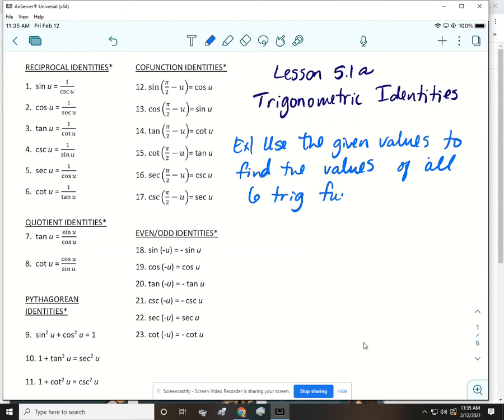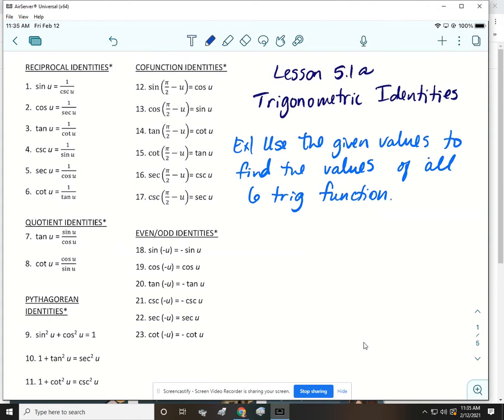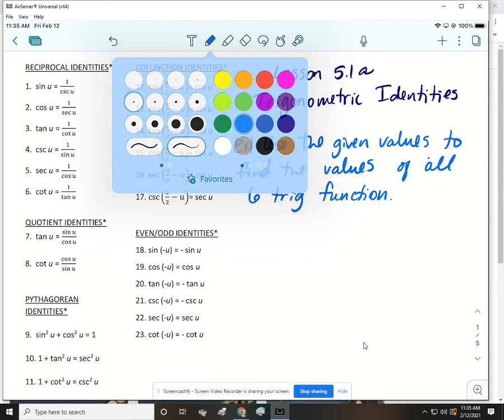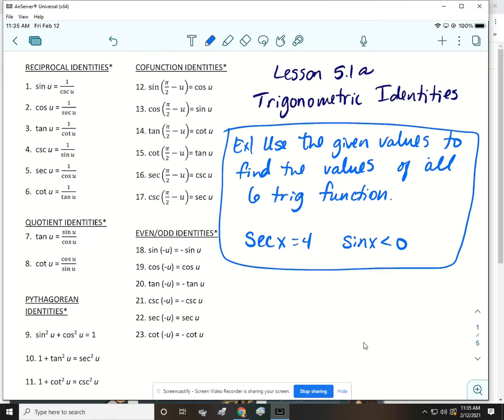Now we've done this before with triangles, but we're going to do it today with identities because I really want to start practicing these identities. All right, so what we're given is that secant of x is 4 and that sine of x is less than 0. So all of that was what you're given.